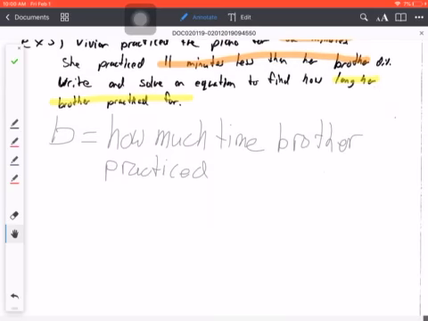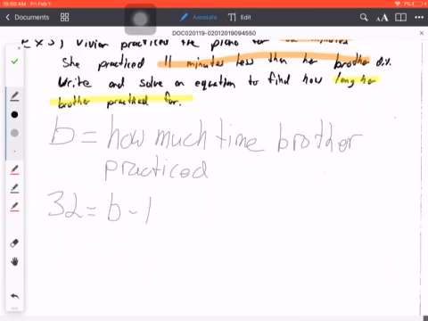So I know now that as I start writing this equation, Vivian practiced for 32 minutes, and that's 11 minutes less than her brother did. Which means 32 is 11 less than the brother's time.